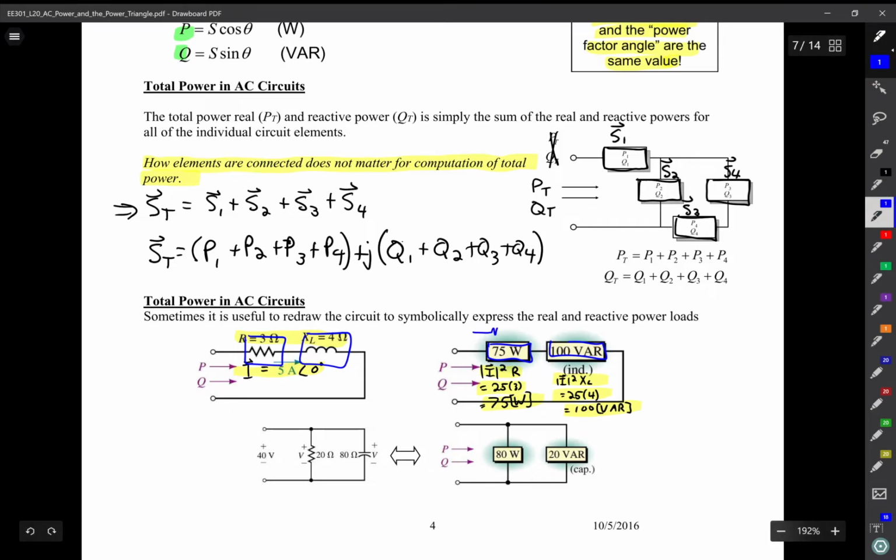That's a resistor. Now I look at the reactive part and I notice the units of VARs, so I know it's a reactive component and it's positive. So therefore it's an inductor. I know that because it's a positive reactive power. And below here is shown how I'm going to calculate those based on the circuit to the left.